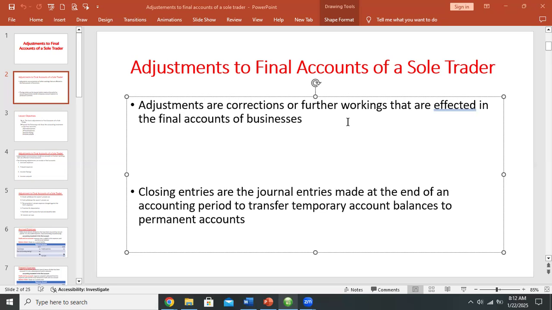So now that we appreciate what the adjustments are and what closing entries are, the point about closing entries is that some of the accounts are temporary. In other words, at the end of the year, we close them into a temporary account. An example I gave is the expenses and the income, and then purchases and sales.